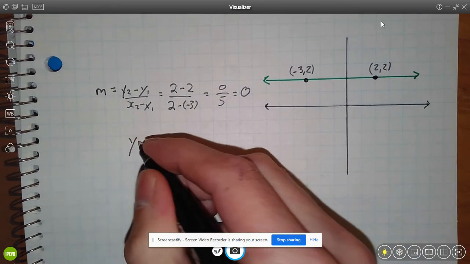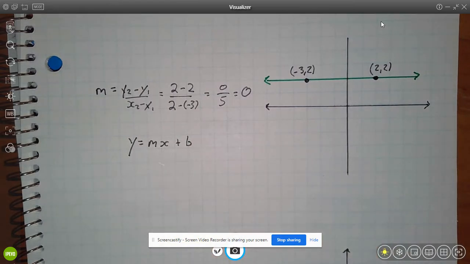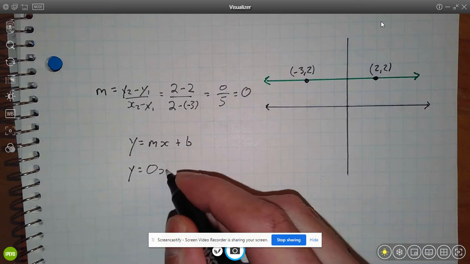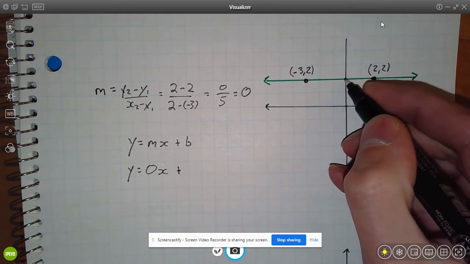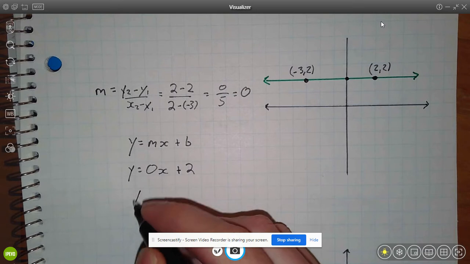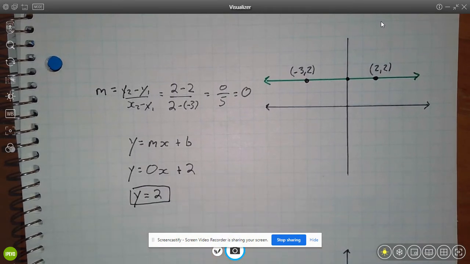Well, what does an equation look like? Well, remember, our equations are mx plus b, where m is slope and b is the y-intercept. Well, if slope is 0, then it's going to be 0x. And in this case, it's going to be plus 2 because my y-intercept is (0, 2). Now, what is 0 times x? Well, that's just nothing. So my equation of the line would just be y equals 2.